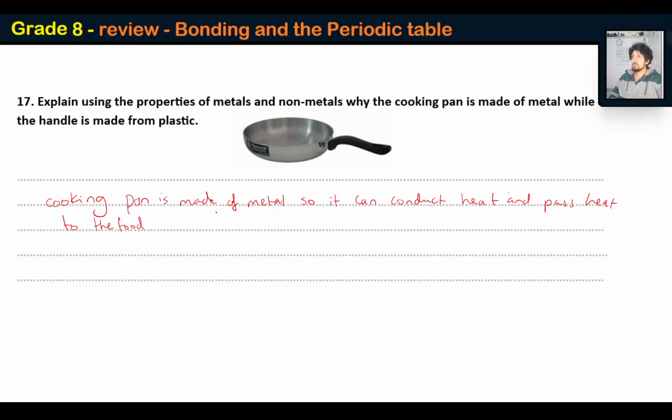So a cooking pan is made of metal, so it can conduct heat and pass heat to the food. Because obviously, if it was a non-metal, the food could not get the heat and we couldn't cook. But we also want to protect our hands.